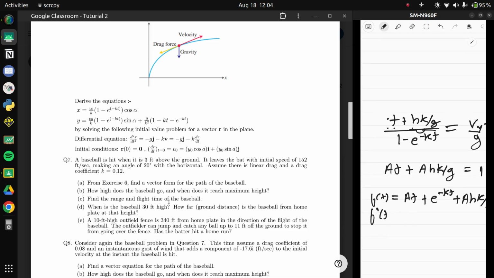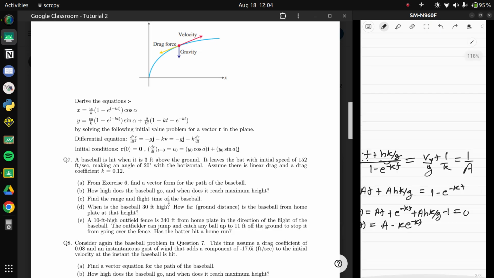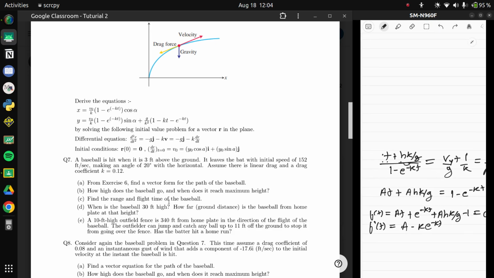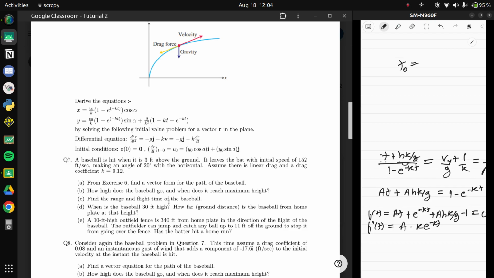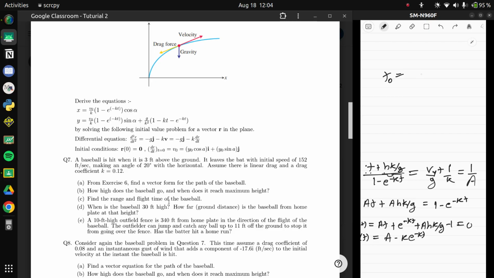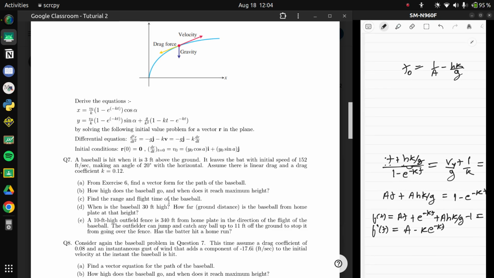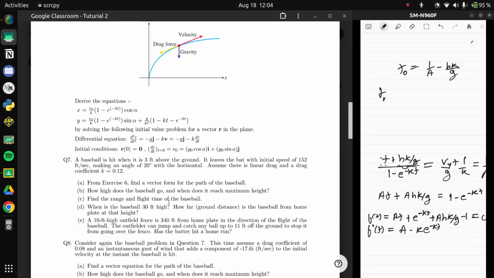Then f dash of t, that will just become the same thing as before. All of this is just some sort of constant, so none of that matters. So what does this mean? Once again, for t0 just set this thing to be 0 or something like that. So then this just becomes something like 1 upon a minus hk upon g. But then tn plus 1 will just be tn minus f of t, which is just this quantity.